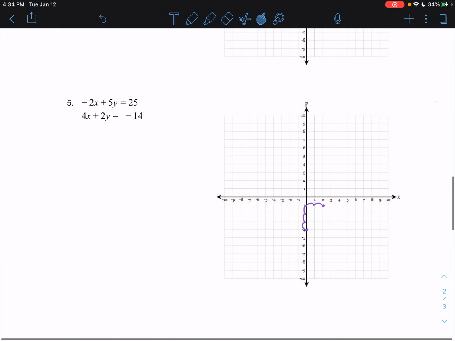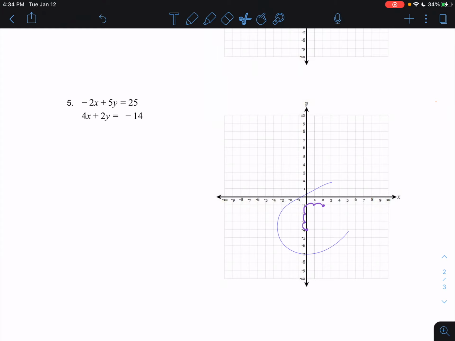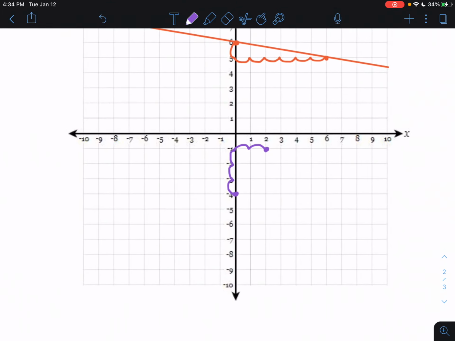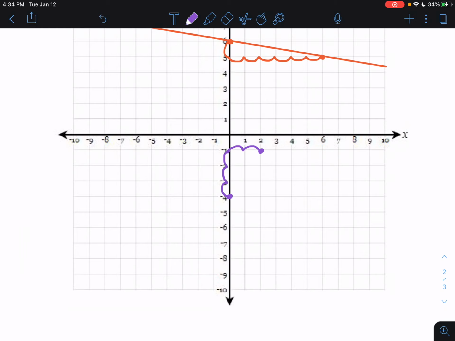Oh, what happened? Oh, okay. For some reason, I'm on the wrong graph. All right, there we go. So now I'm going to graph this.